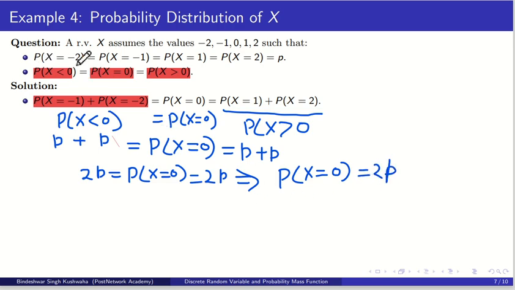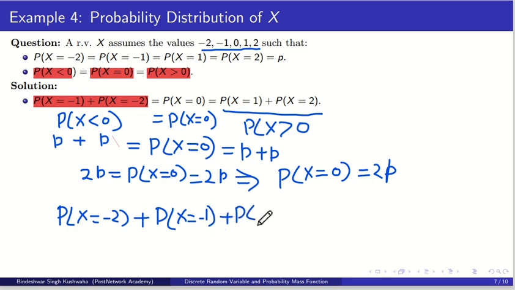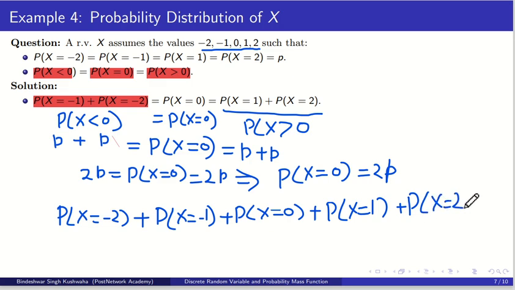And this all you can say that P(x=-2) plus P(x=-1) plus P(x=0) plus P(x=1) plus P(x=2), and their sum should be equal to 1, and this is P, that is P, this is 2P.